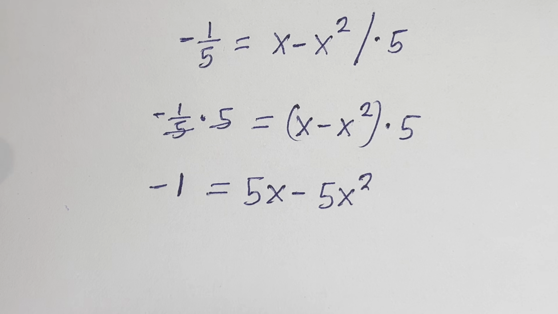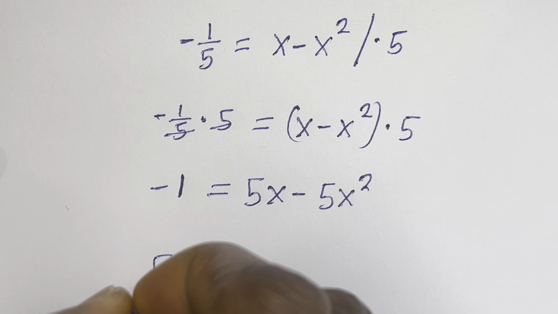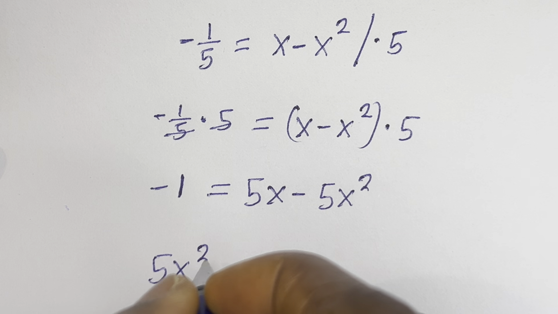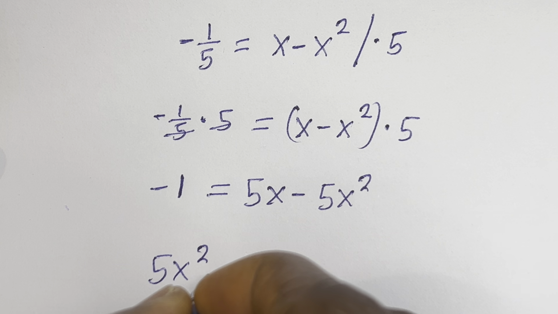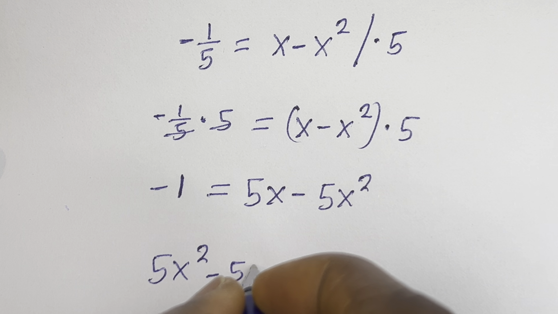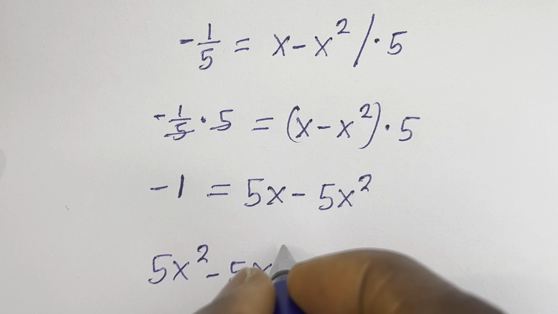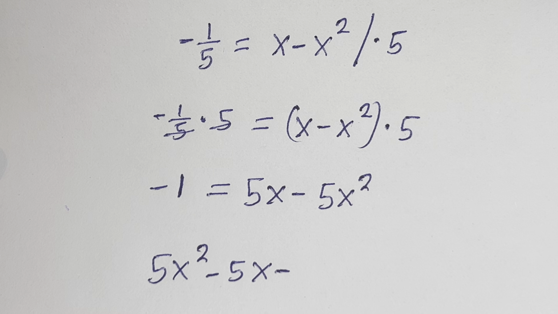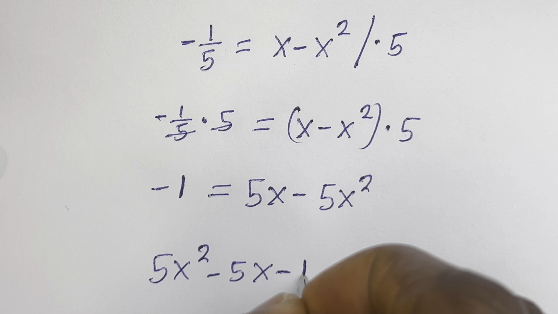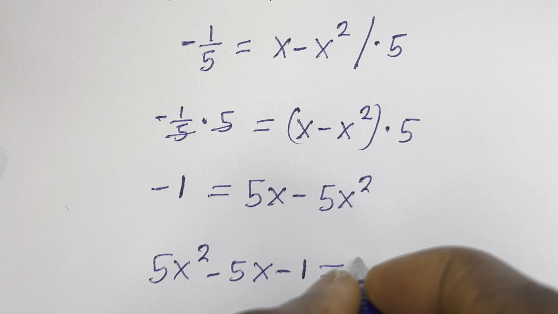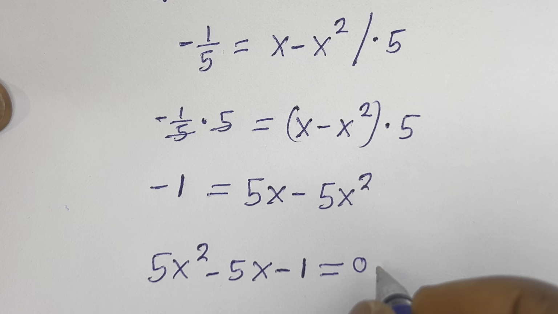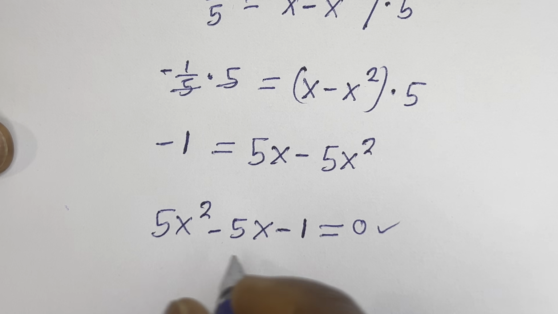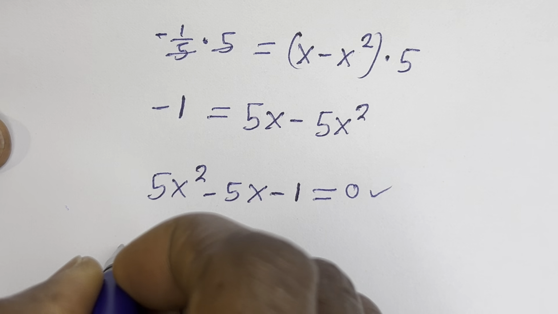Then we have 5s squared minus 5x, then minus 1 is equal to 0. This is a quadratic equation which can be solved using the quadratic general formula.